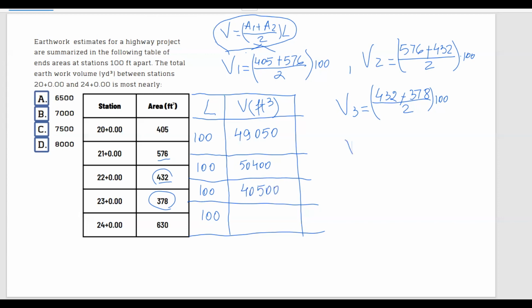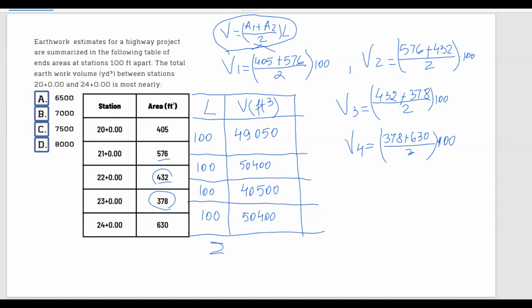And the last volume here equals 378 plus 630 divided by 2 multiplied by 100. Let's see what we get here. 378 plus 630, divided by 2, multiplied by 100. So I'm getting a volume of 50,400 feet cubed. And now we're going to add them all together and sum them up to get the total volume.